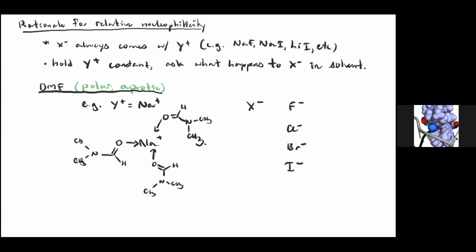So when the solvent is polar aprotic, such as DMF, it surrounds Y plus, Na plus in this example. When it surrounds Y plus, that leaves X minus alone, or what we call naked.